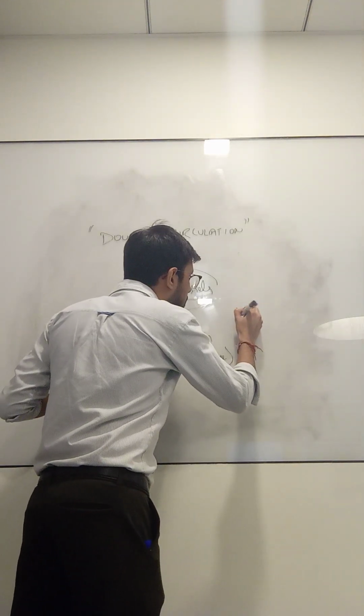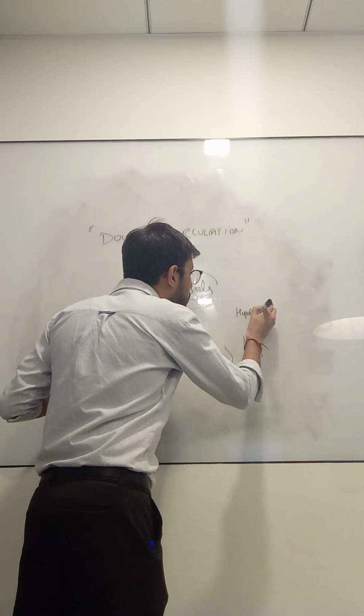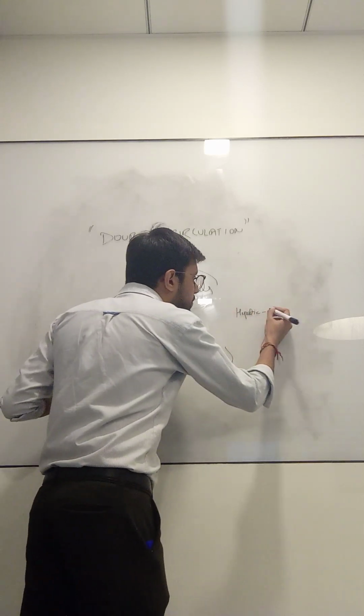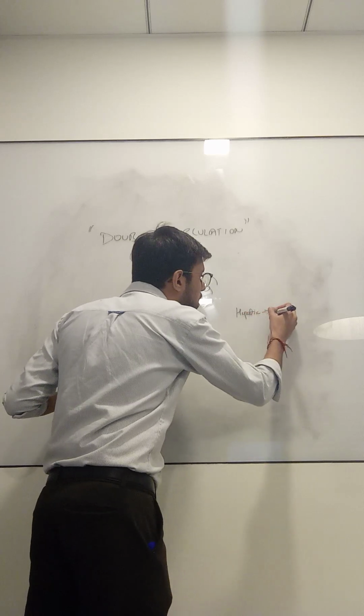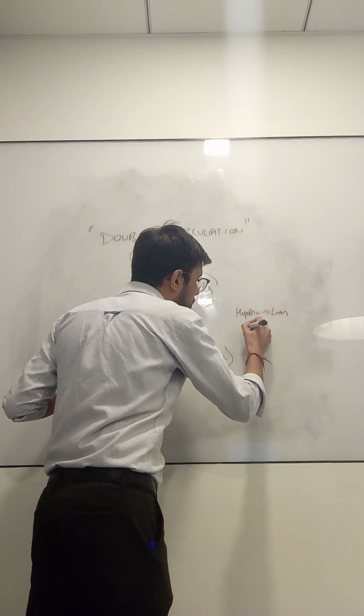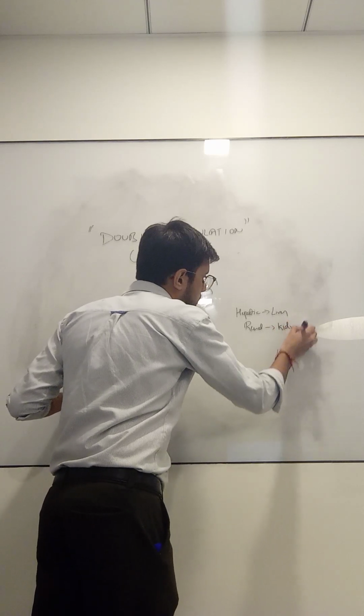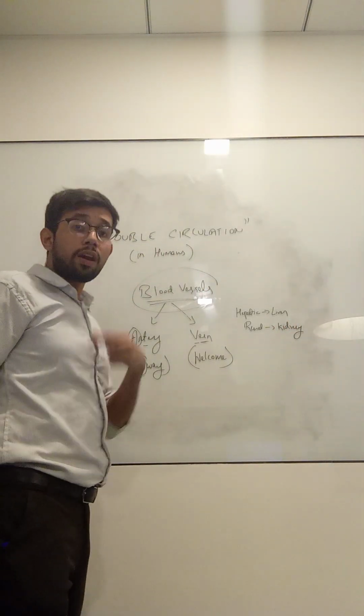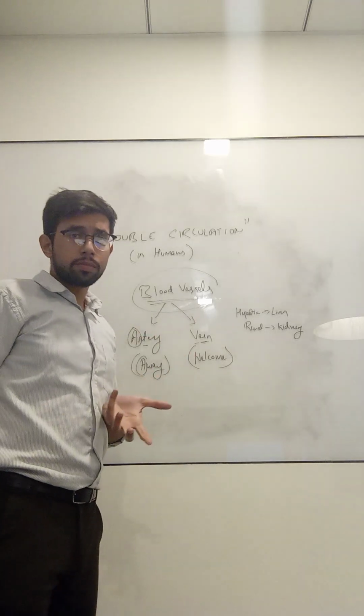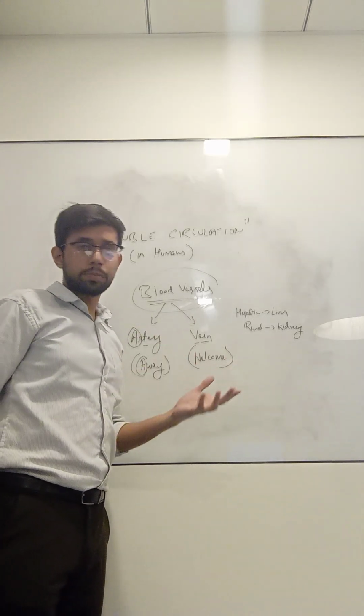You must have come across a term called hepatic. Whenever you come across this term, it is related to the liver. If you come across a term called renal, it is related to the kidney. So for lungs, do you think there would be a term from an anatomical perspective?